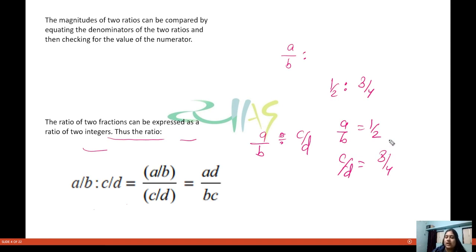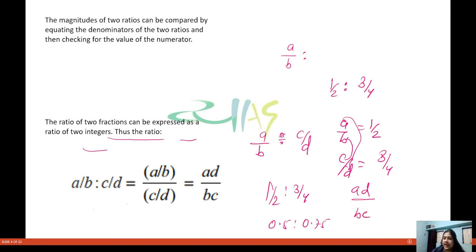Now to calculate the ratio of 1 is to 2 and 3 is to 4, that is the ratio of 0.5 and 0.75, you will do AD by BC: numerator of one multiplied with the denominator of the other, and numerator of the other multiplied with the denominator of the first.